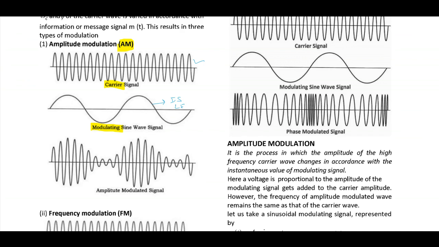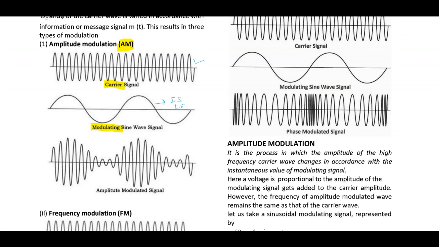The amplitude of the carrier wave is rising as the amplitude of the modulating signal increases, and now the displacement of this wave rises. In this case displacement rises, and in the modulated wave it is the amplitude that rises.